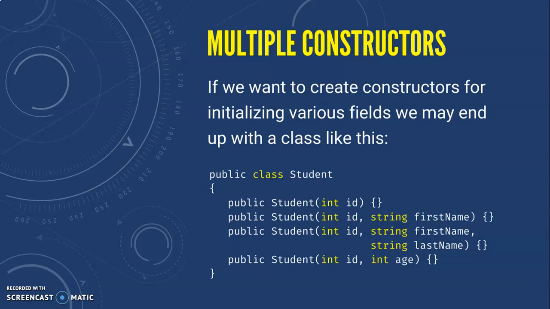If I want to initialize only an ID, I'll have a version of a constructor which states Student(int ID). Again, if I want to initialize ID and first name, I'll have this parameterized constructor. So I have to include multiple versions, like overloads of the same constructor.